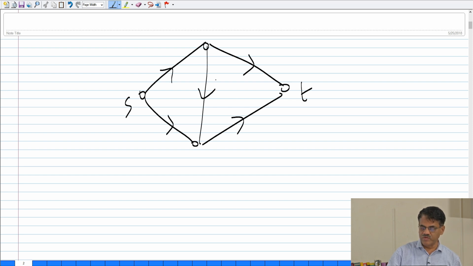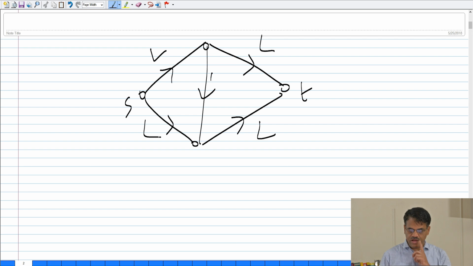Recall this bad example where this capacity is 1, but this is some very large quantity. If you are not careful and you use this middle edge all the time in your residual network, then you may be just incrementing the flow by 1 unit, whereas if you do just the shortest path, one augmentation will get you this and another augmentation will get you this, and you will be done, right?